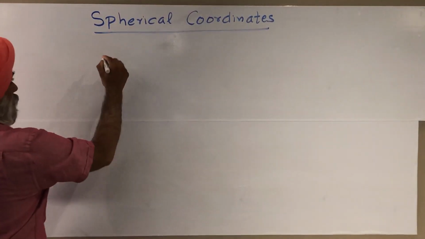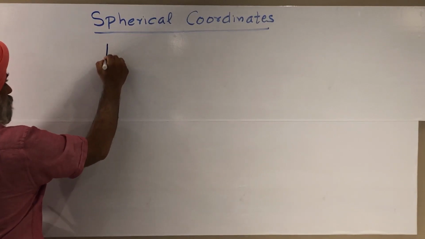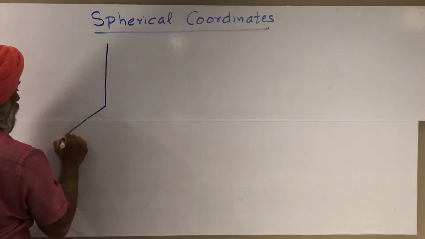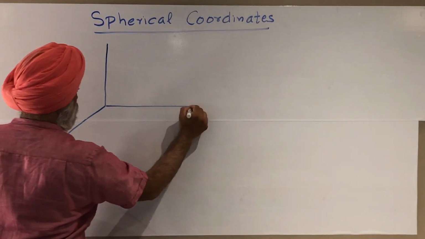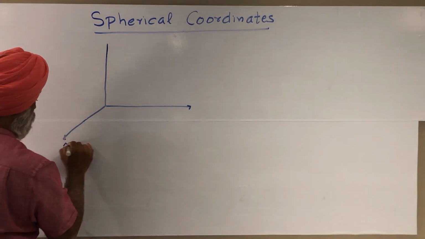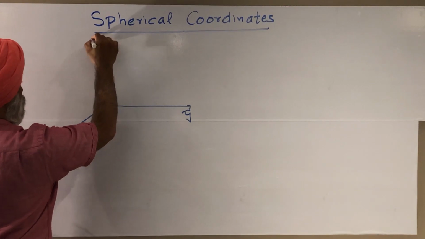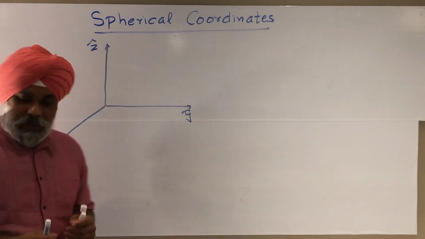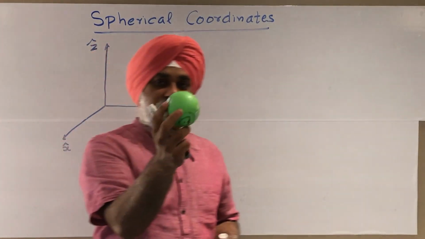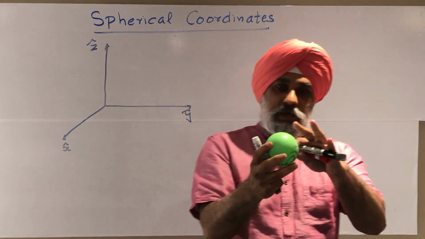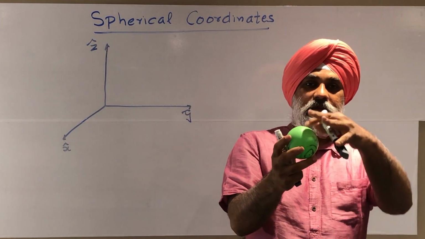So how did we define the spherical coordinate system? Let's say we have x, y, and z. We said I want to make this sphere by rotating lines around.